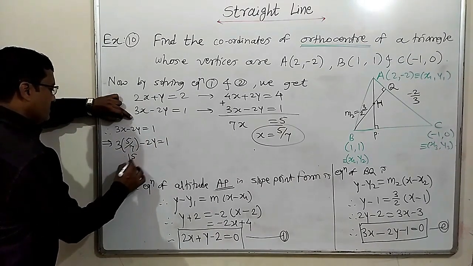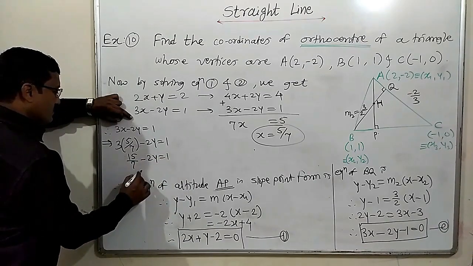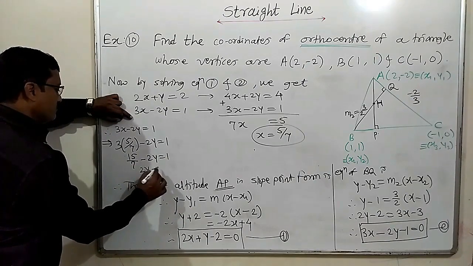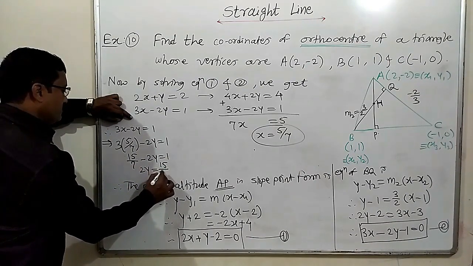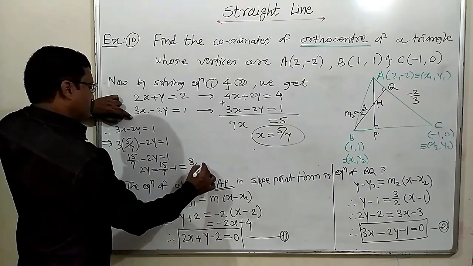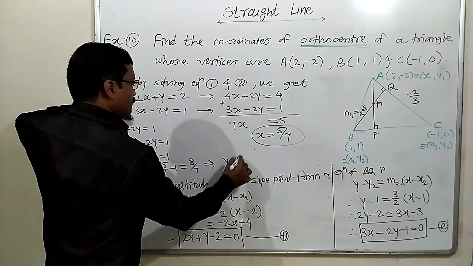It is 15 by 7 minus 2y equal to 1. So 2y equal to 15 by 7 minus 1, that is 8 by 7, which implies y equal to 4 by 7.